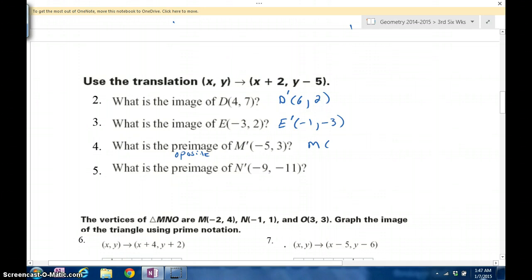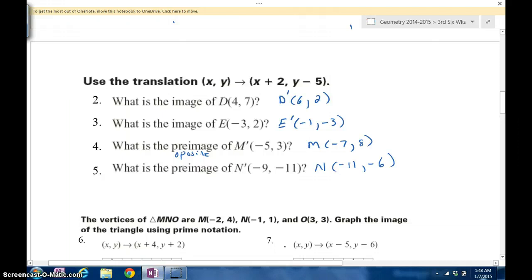Instead of y minus 5, we'll do y plus 5. So we subtract 2 from negative 5, that makes negative 7. And then if we add 5 to 3, that makes this 8. Alright, same thing here. Find the pre-image of N, and N prime is the image, so regular N will be 9 minus 2, which is negative 11, and then 11 plus 5, which is negative 6.